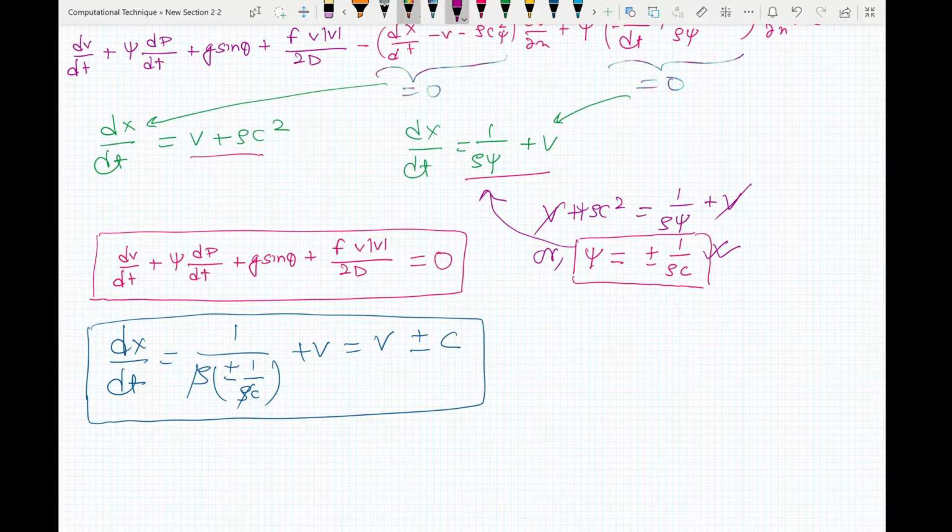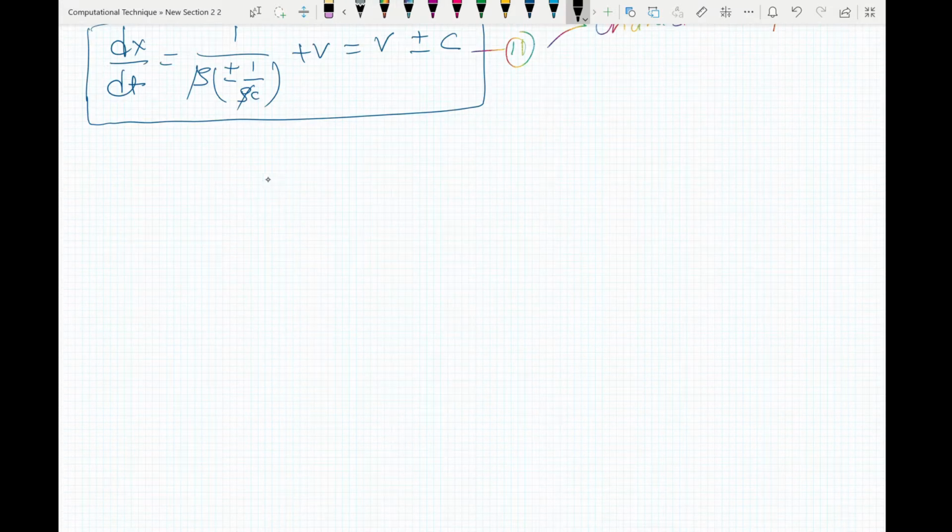Therefore, we have two equations here as well. So this is our first equation and this is our second equation, and these two equations are known as characteristic equations. And you can again plot our dx by dt like this.